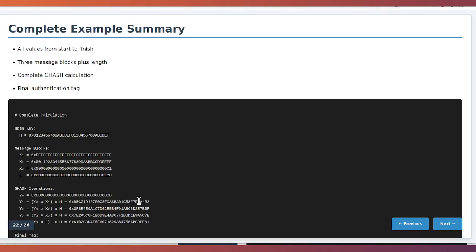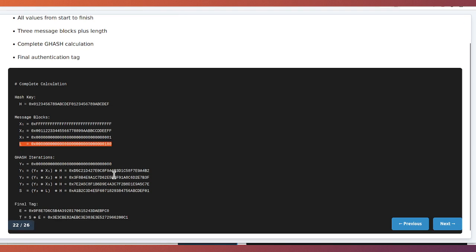Message blocks: X1 equals 0x, beginning with FF, ending with FF; X2 equals 0x, beginning with 00, ending with FF; X3 equals 0x, beginning with 00, ending with 01. Length block. L equals 0x, beginning with 00, ending with 80.